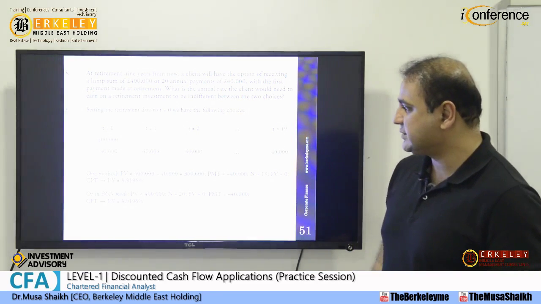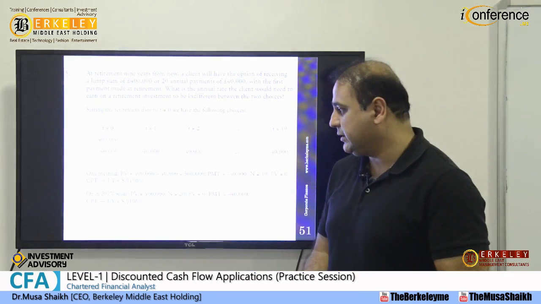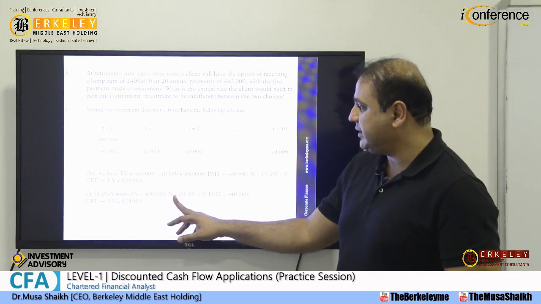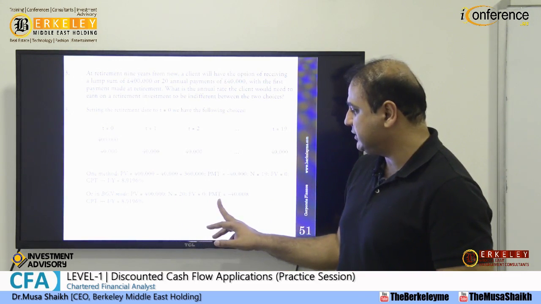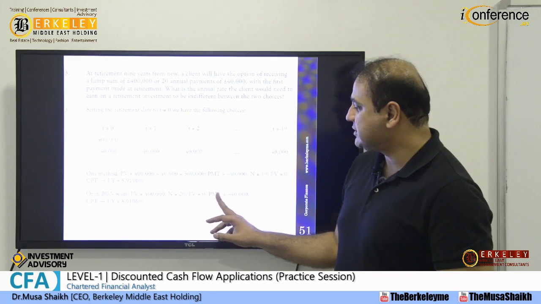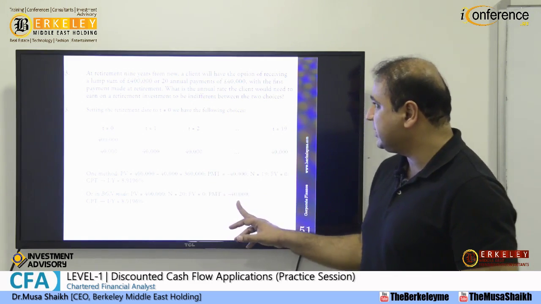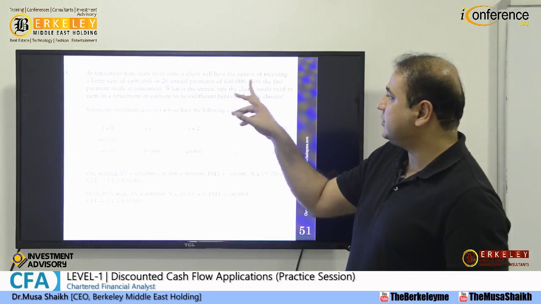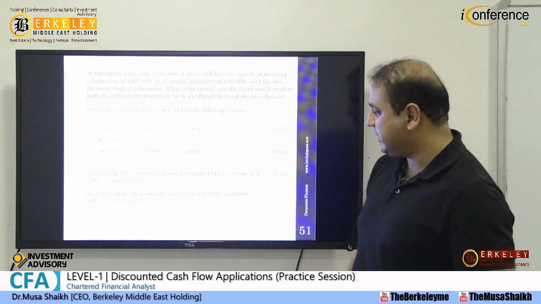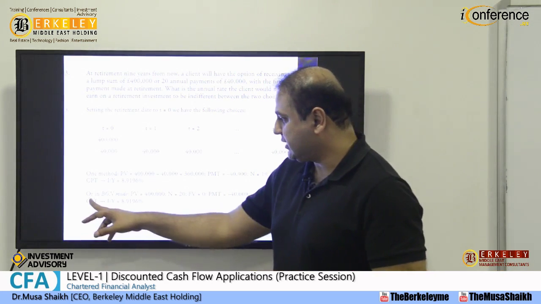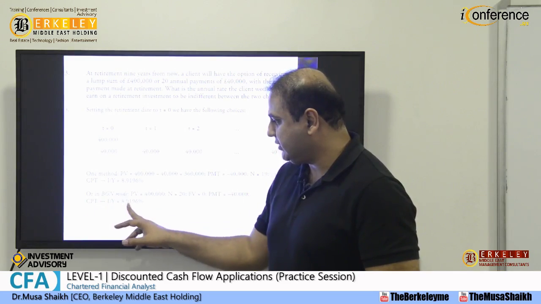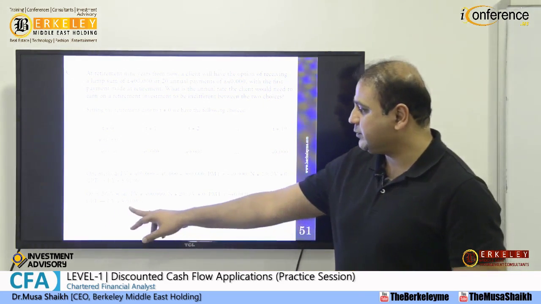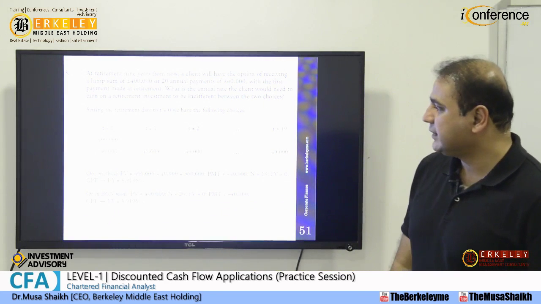The easy way is, let's shift your calculator to beginning mode. You have a present value of 400,000, period is 20 years, future value is 0, and the steady payments will be 40,000, with the first payment made at retirement. If you calculate I/Y, you will get a rate that is 8.9%.